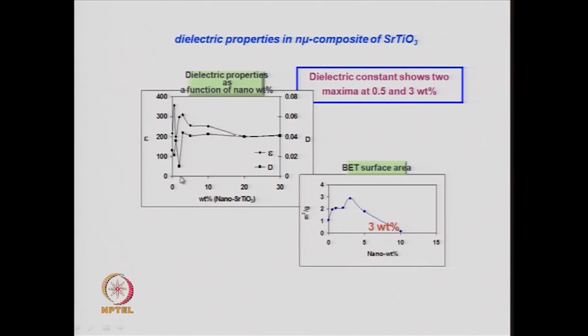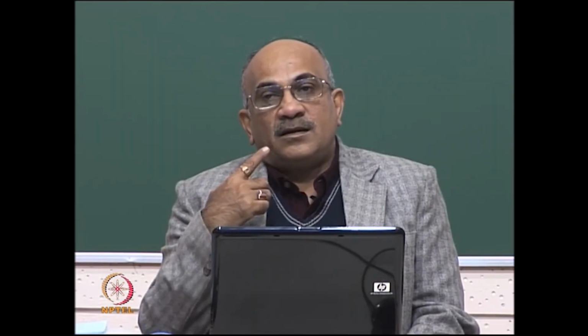So, when you add small amounts of nano strontium titanate, there is initially an enhancement, and then it goes down and becomes nearly flat. And this property, that is, there is some enhancement around 0.5 and 3 weight%. You can see a reflection in the behavior of the surface area. So, the BET method is a particular method by which you calculate the surface area using nitrogen adsorption methodology.